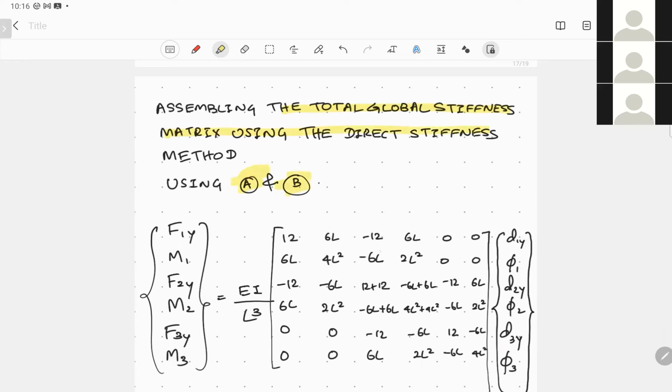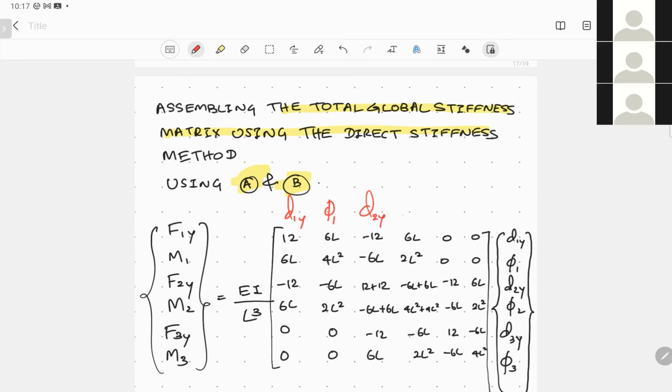So what you would end up with here, of course, in the global stiffness matrix, is that each node has 2 degrees of freedom. So altogether there will be 6 degrees of freedom. We can write d1y and phi1 for node 1, the transverse displacement and rotation.